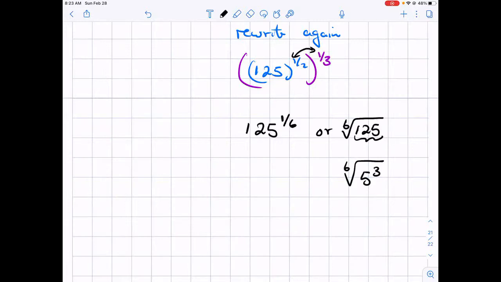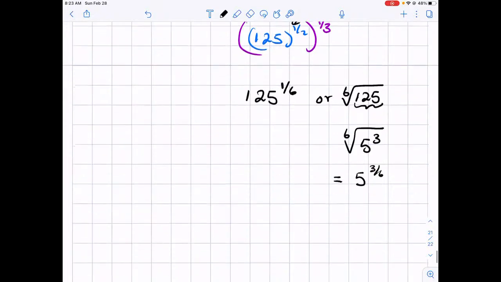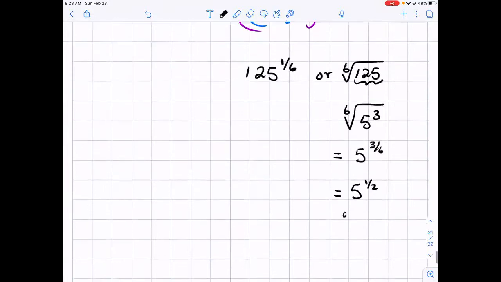And when we do this, this is the same as 5 to the 3/6, which is equal to 5 to the 1/2 power, or we can say the square root of 5.